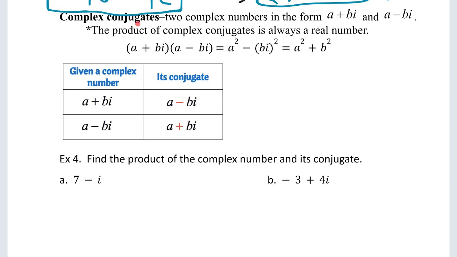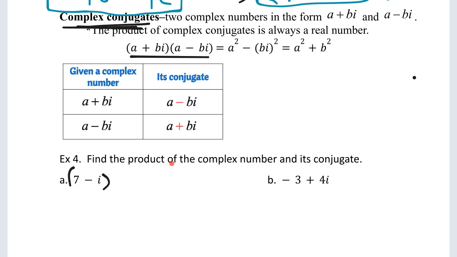Next part is about complex conjugates. The reason we use conjugates is so that we can multiply and eliminate the imaginary number.